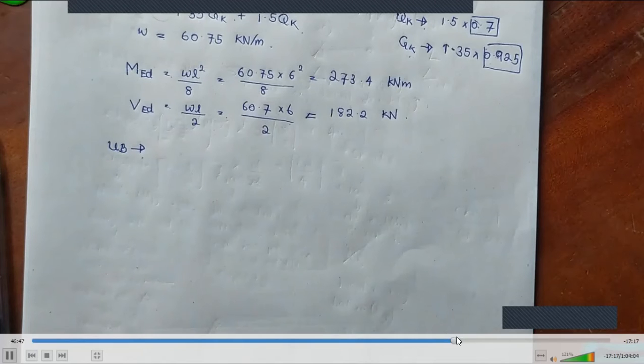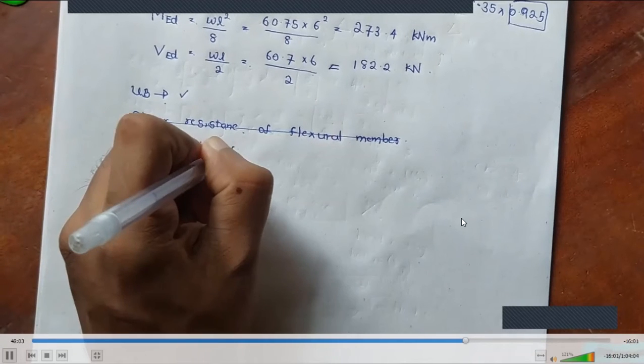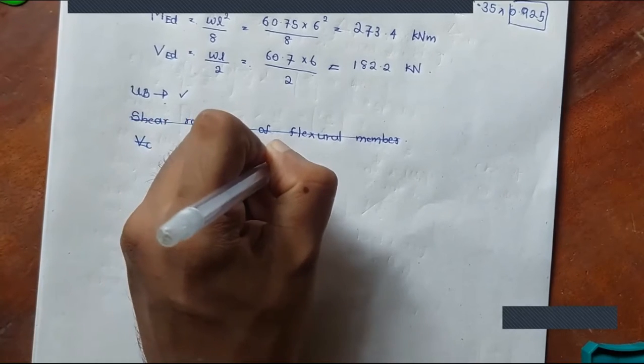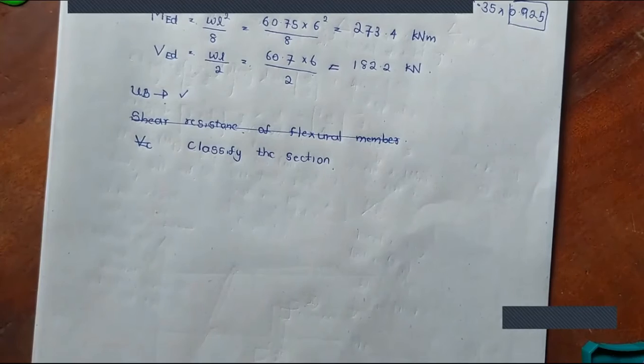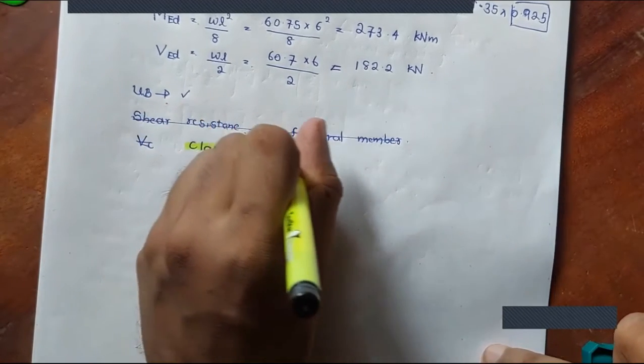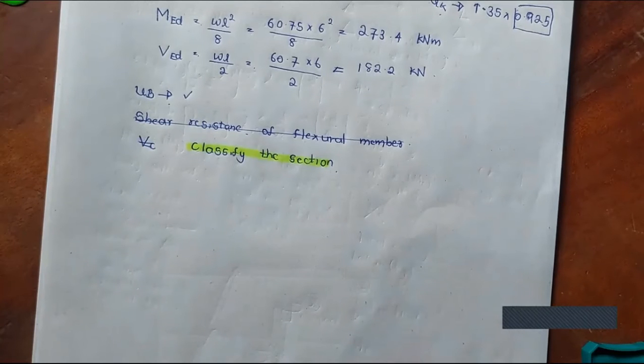So this section, right, under which category does it fall? So we had the section properties earlier in the figure.